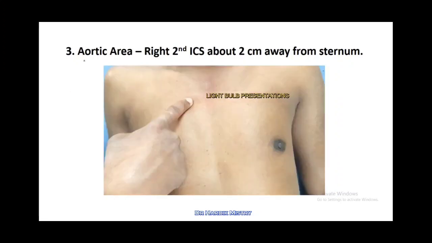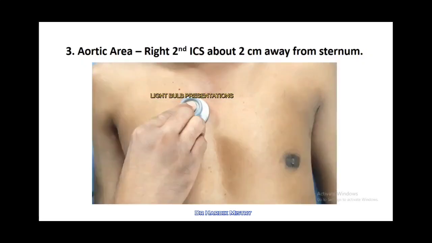And then the aortic and pulmonary areas. Aortic is on the right second intercostal space, 2 centimeter away from the sternum. So identify the sternal angle and then go to the second intercostal space 2 centimeter away from the sternum. We can identify the aortic area on the right side.